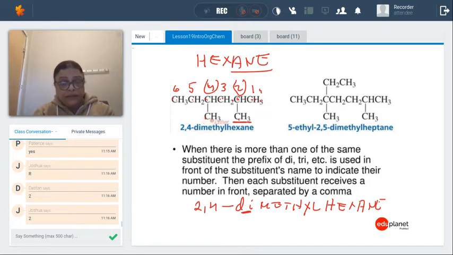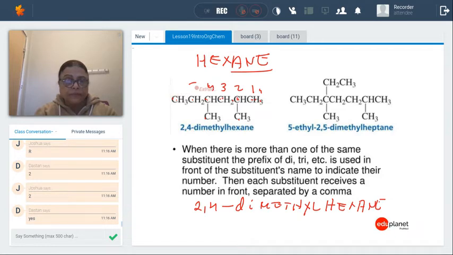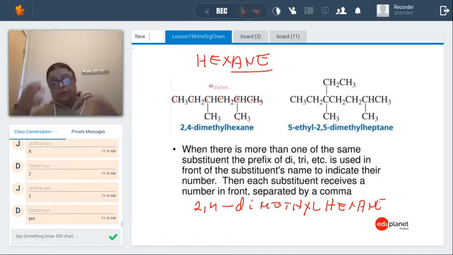That these are instructions to write the molecules. Take hexane and at position 2 and at position 4 stick 2 methyls. 2,4-dimethylhexane. All right? And of course, you start counting from the side which gives the substituents the smallest number.